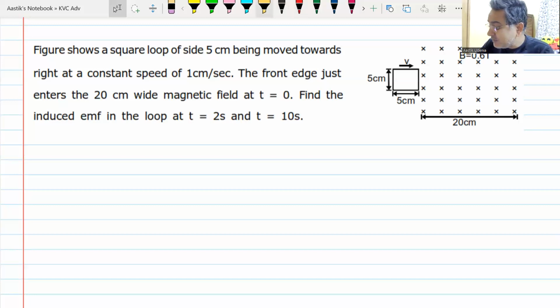So at time 2 seconds, where would the loop be? The loop would be in a position where some part of the loop is inside and some part of the loop is outside. Do we understand this? Yes, sir. Then there will be EMF induced in the loop. If I draw the diagram again, it might not look very enticing here.